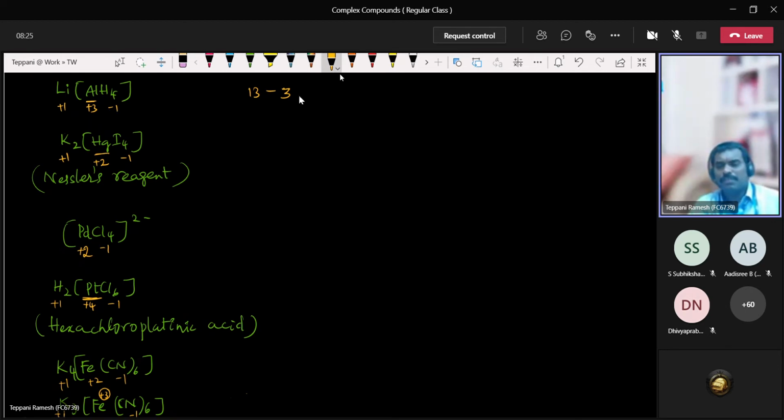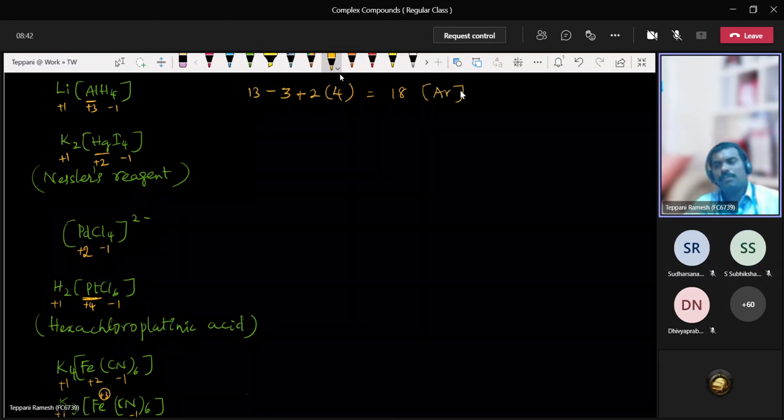Minus of 3, then 2 into 4. Answer 18. Matching with any noble gas Z value: argon. It followed the rule.